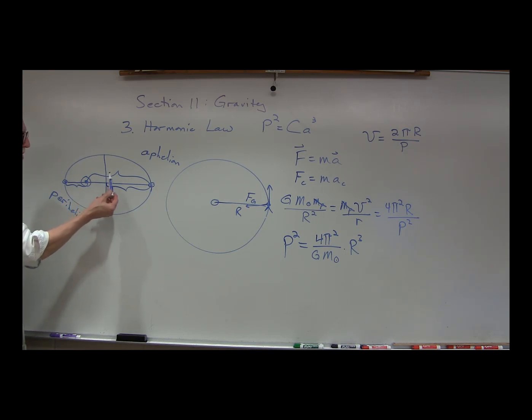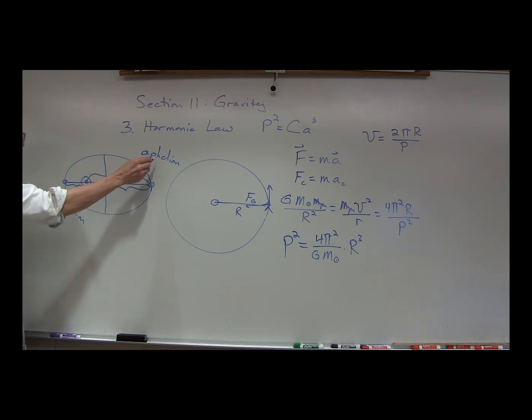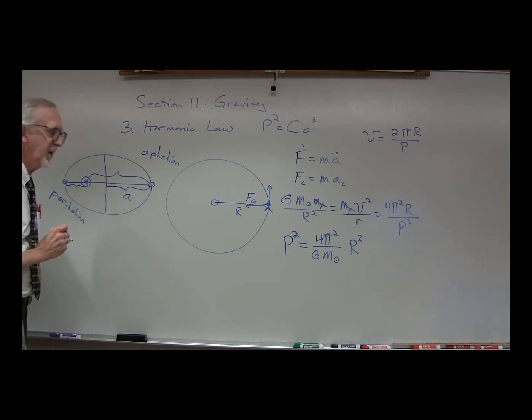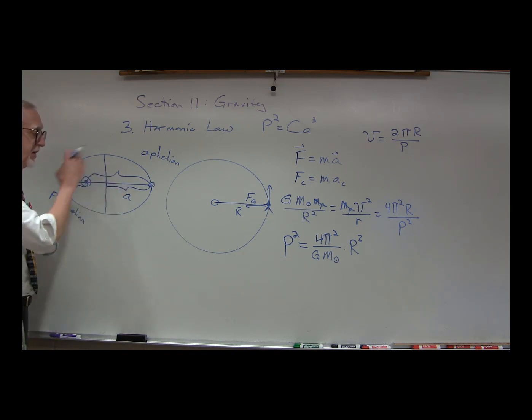Well, what's the average of the aphelion and the perihelion? You add these two together, and what do you get? The sum of the aphelion and the perihelion distance is the major axis. Half of that, which would be the average of these two, is the semi-major axis. So this distance is called A, the semi-major axis of the orbit.